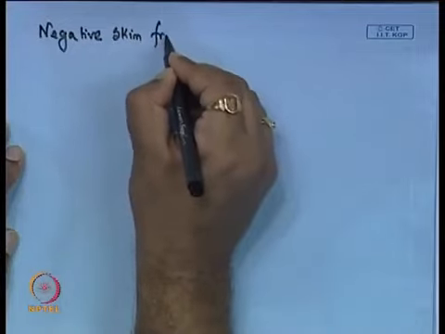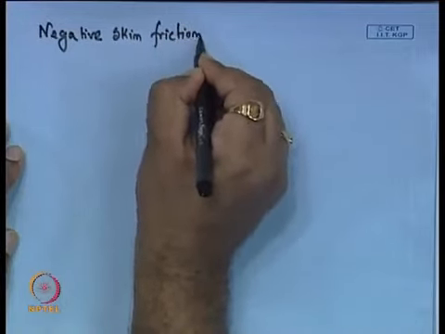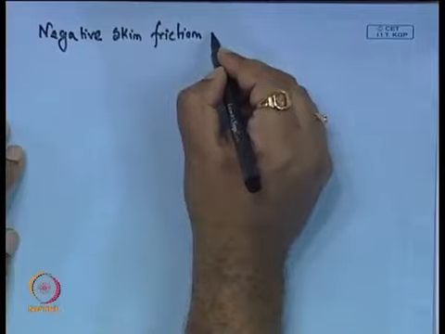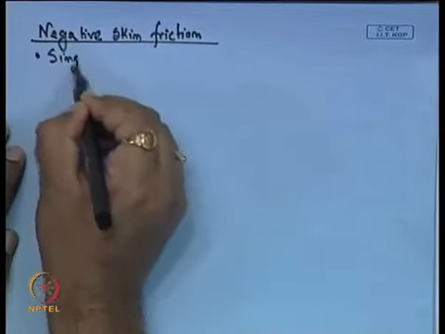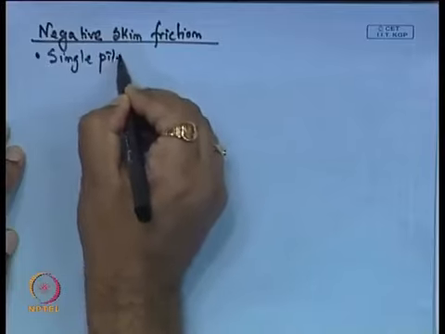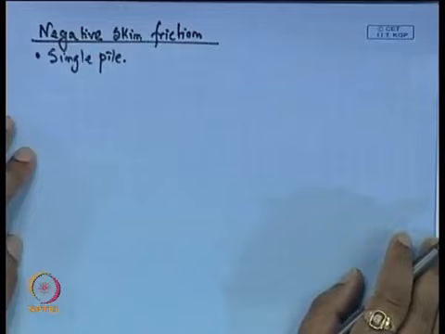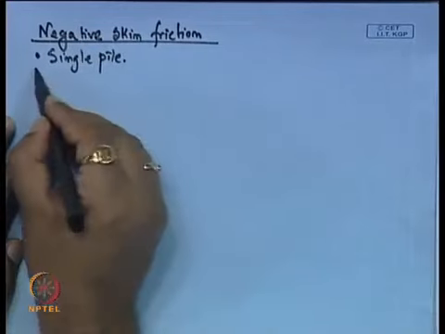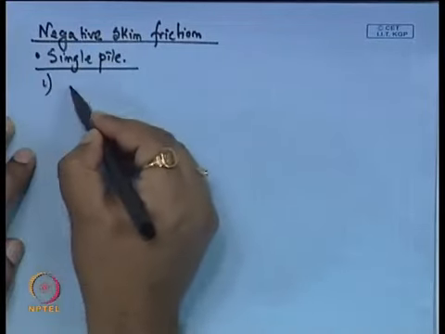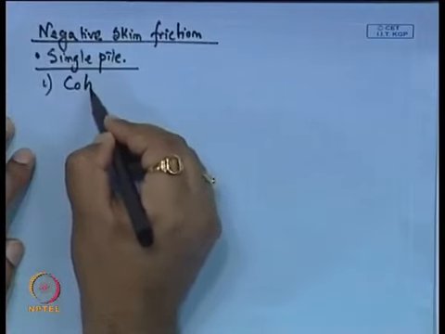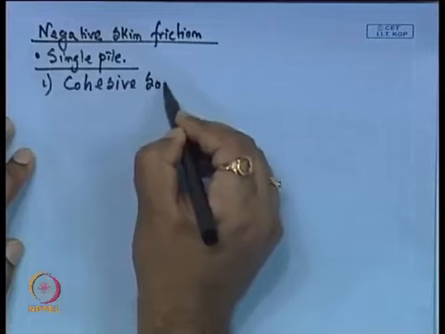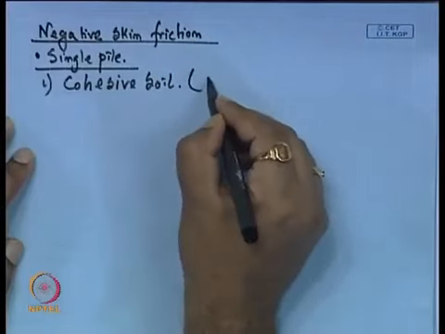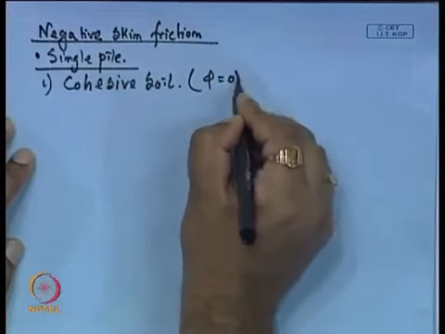First we will go for the single pile. The first case is cohesive soil, where we are considering that phi is 0.